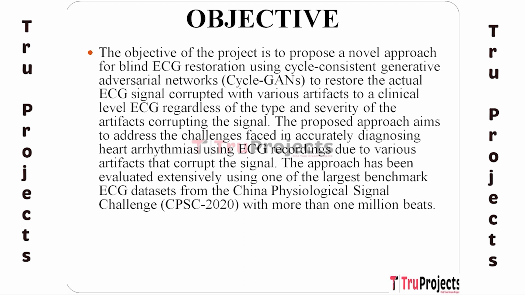The suggested method addresses the difficulties encountered in reliably identifying heart arrhythmias using ECG records due to different artifacts that contaminate the signal. The method was thoroughly tested using one of the largest benchmark ECG datasets from the China Physiological Signal Challenge CPSC 2020, which had over 1 million beats.